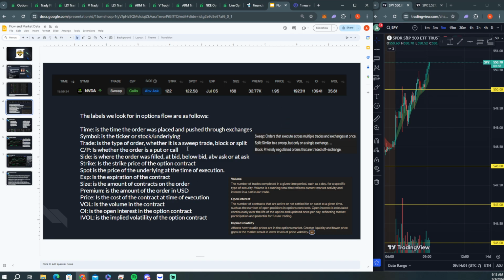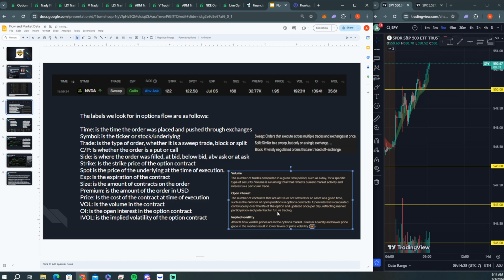You guys understand all this pretty much, I'm guessing. The volume is the volume of that specific contract. So this one had 192,311 volume, and then the open interest 13,941. And the implied volatility of this contract is 35.61%. So that's a lot. I have definitions of volume, open interest, and implied volatility as well down here.